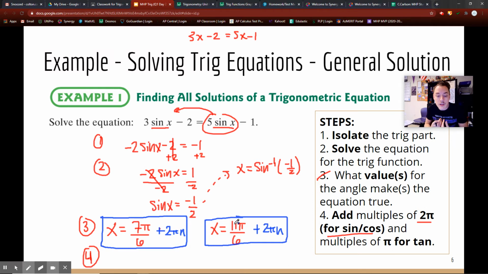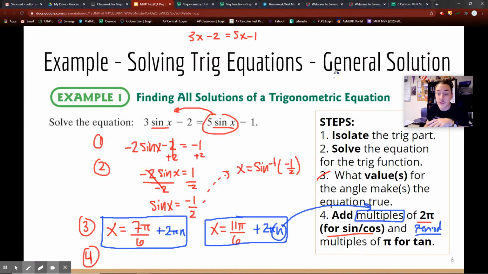So I need to include something that will account for all the solutions without writing every single one. And that is the plus 2 pi times n I did in blue. The n will act as a sort of multiple here, and then the 2 pi, of course, is my period of sine, okay?